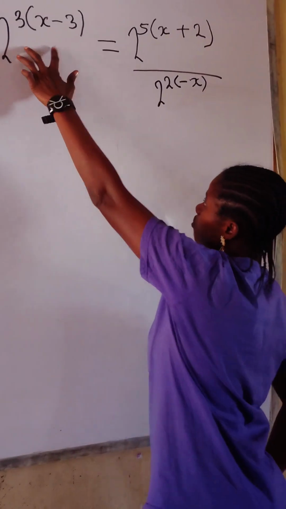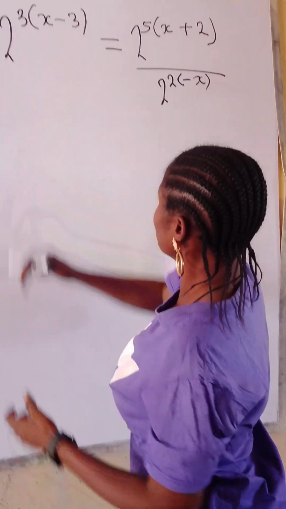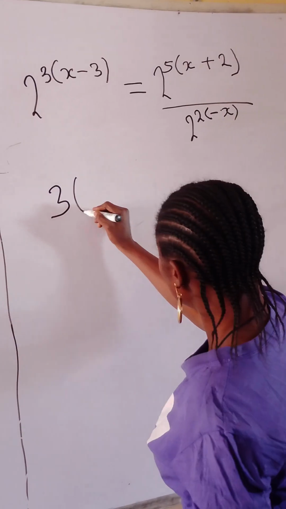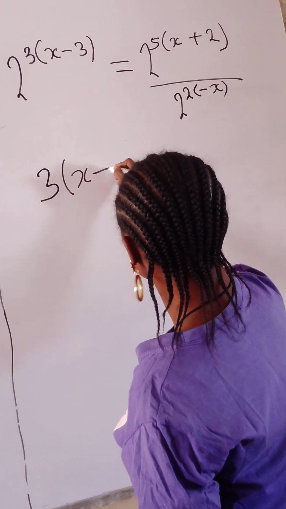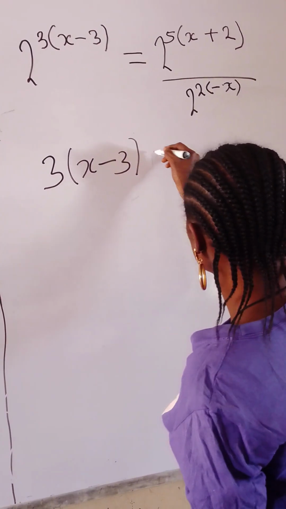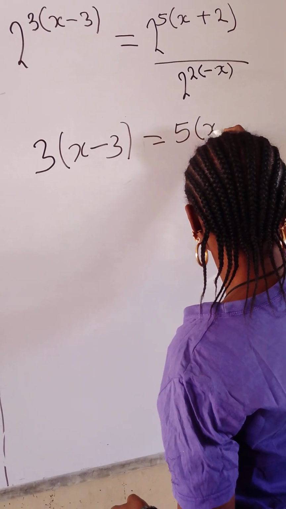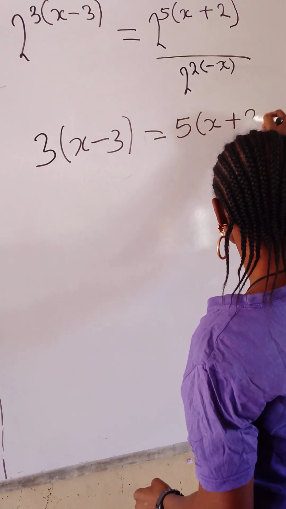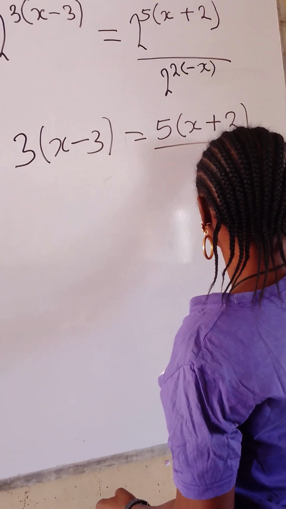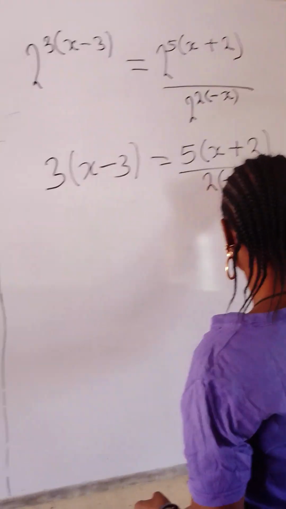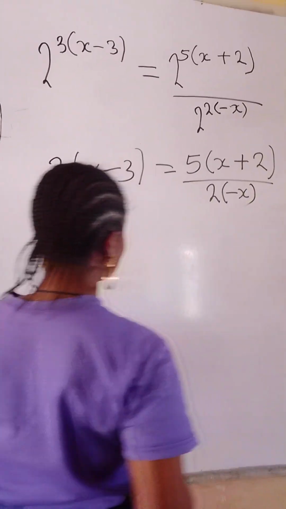So from here now, we bring down our powers: 3 into the bracket of x minus 3, bracket close, is equal to 5 into the bracket of x plus 2, bracket close, divided by 2 into the bracket of x minus x.